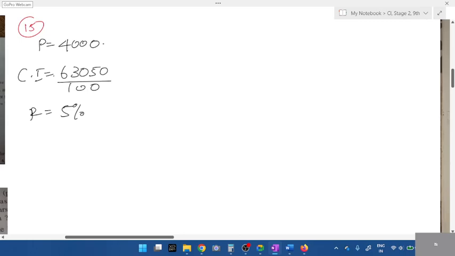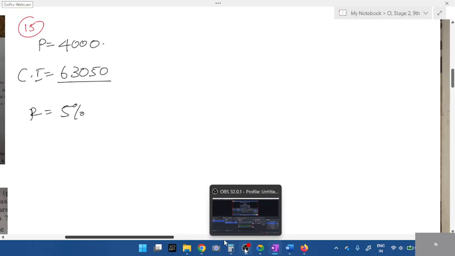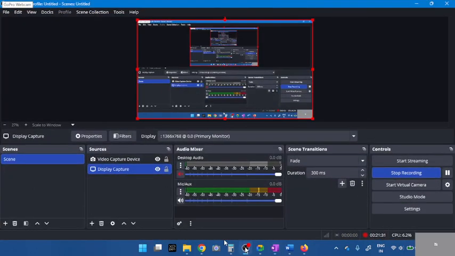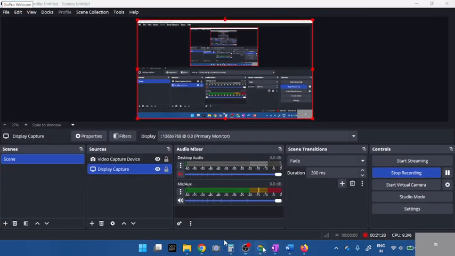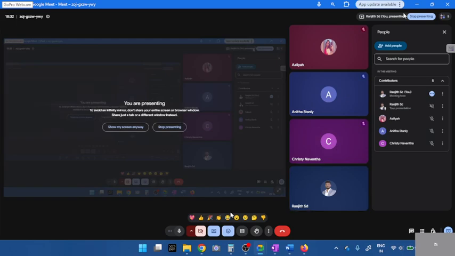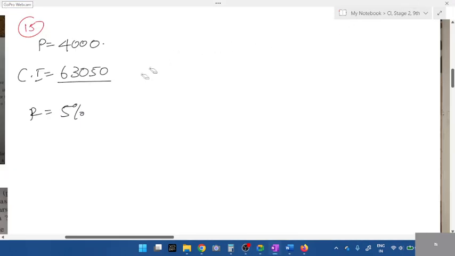So whenever compound interest is given, how do you find amount, students? There are two ways. You can either use compound interest, or first we can find amount. It is better to find amount value.